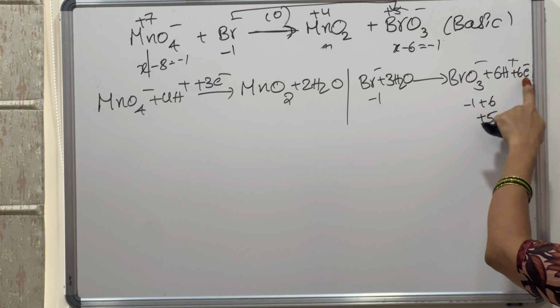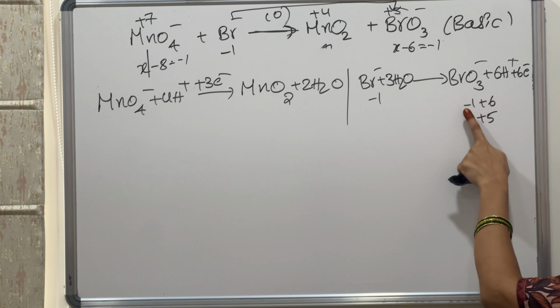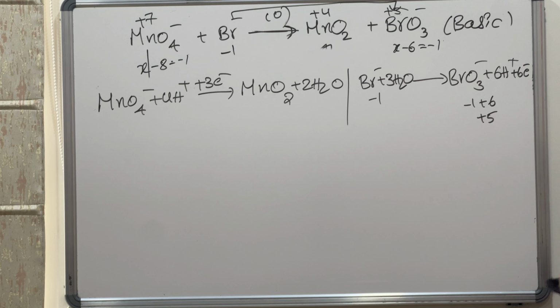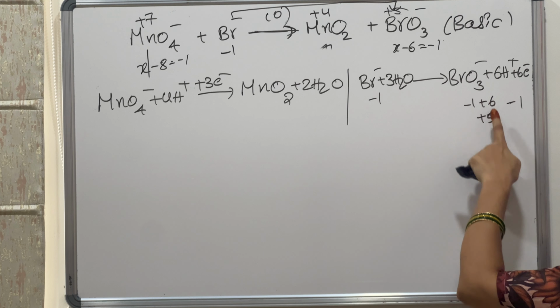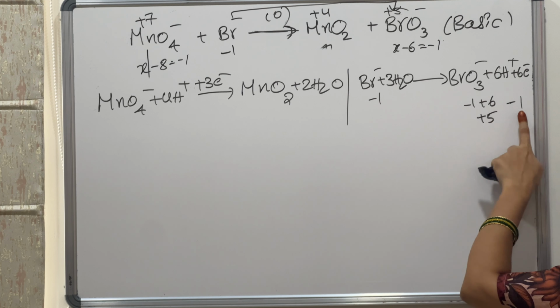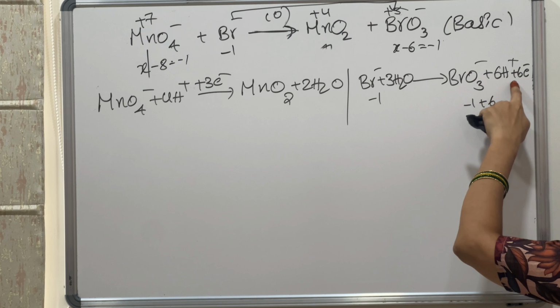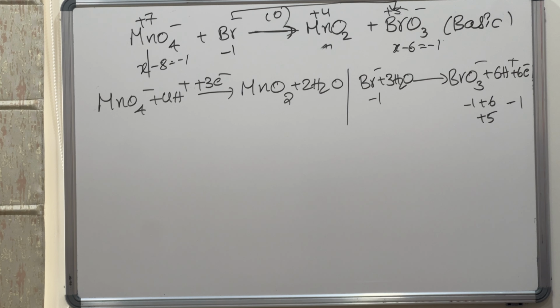Minus 1 minus 6, minus 7. Minus 7 plus 6 will become minus 1. So the overall charge will be balanced. Clear? No confusion, no? Here minus 1, here it is plus 5. All you need is minus 1 here. So if you add 6 electrons on this side, this will be minus 1. So the charge will be balanced.